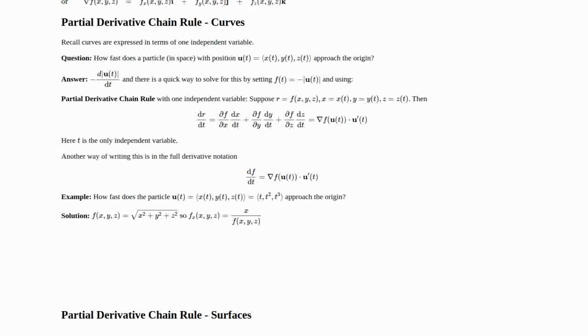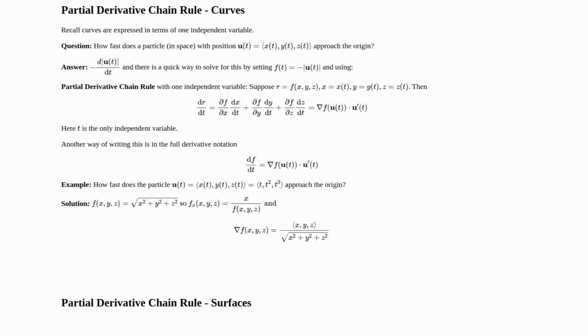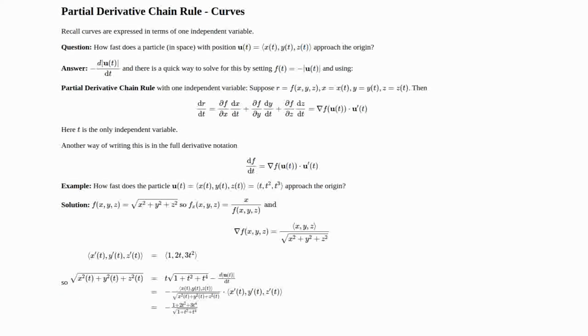So its partial derivative in x is simply x over the square root of x squared plus y squared plus z squared. And the gradient then is the vector (x,y,z) over f(x,y,z). Also, we can take the derivatives of x and y and z and determine that that vector is (1, 2t, 3t squared).